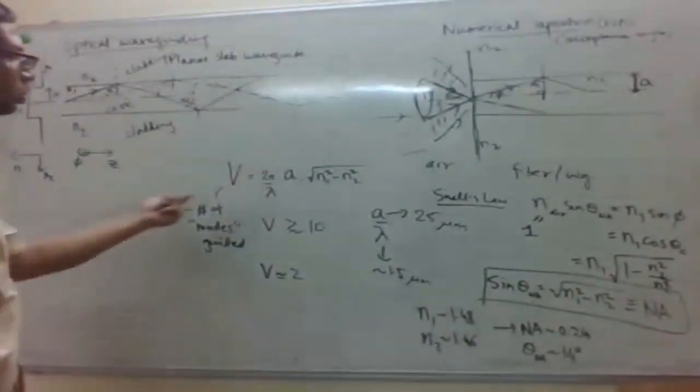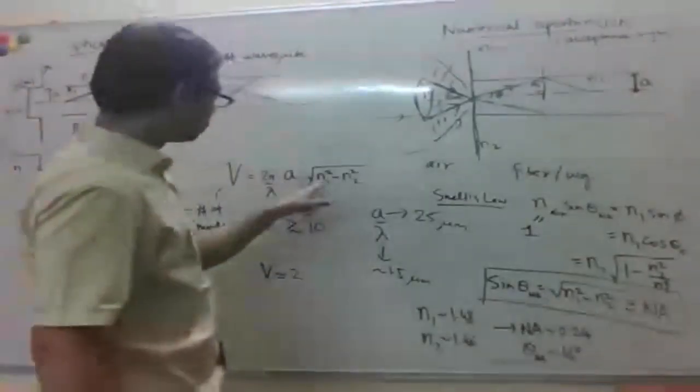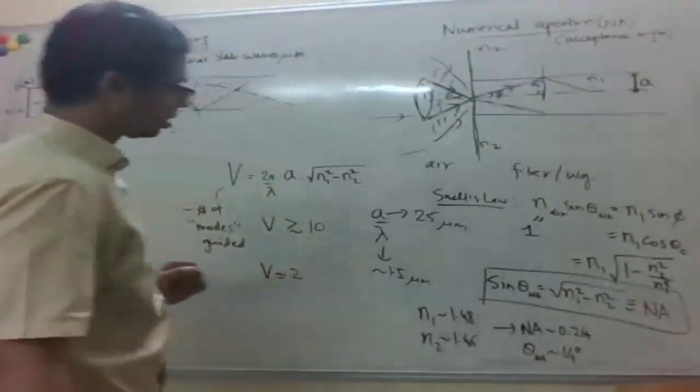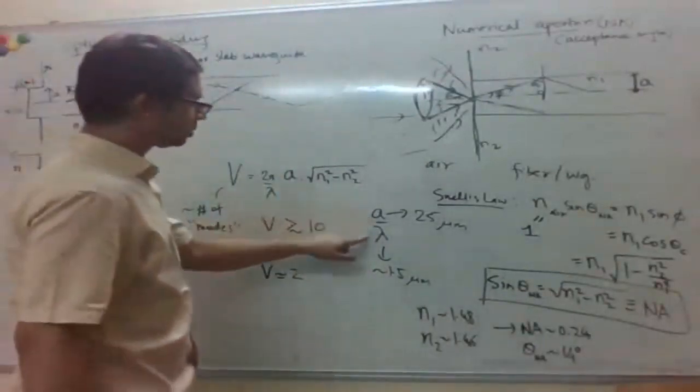So to make the fiber single moded, first N1 and N2 are made very, very close, even closer than this. And then A is also made smaller.